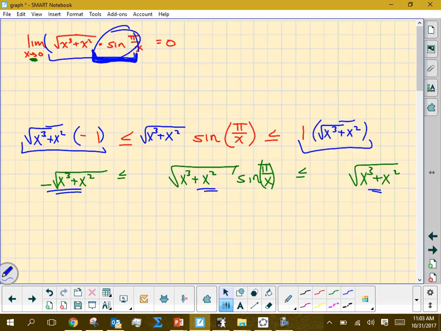Okay, so the idea then is that the limit of this one as x approaches a is going to be less than the limit of this one as x approaches a, which is less than the limit of this one as x approaches a. Okay, but our a now, instead of being just a, is 0.